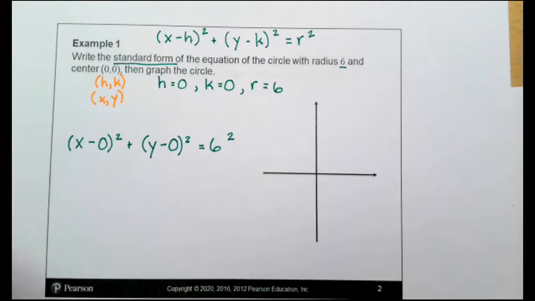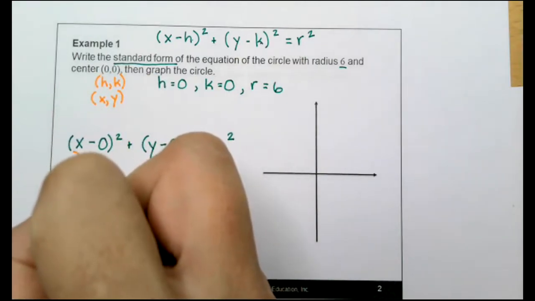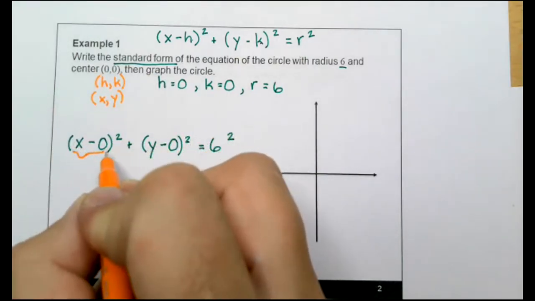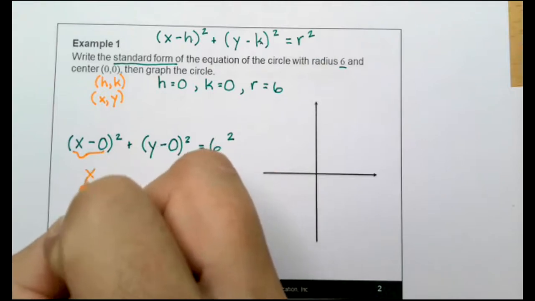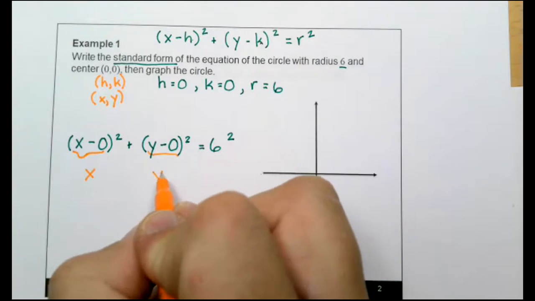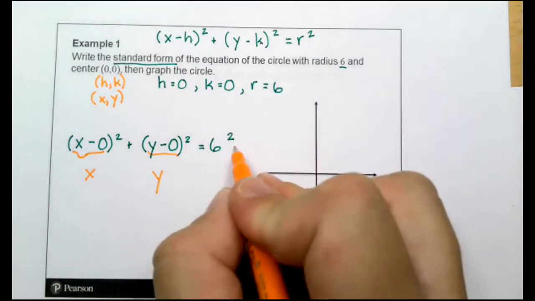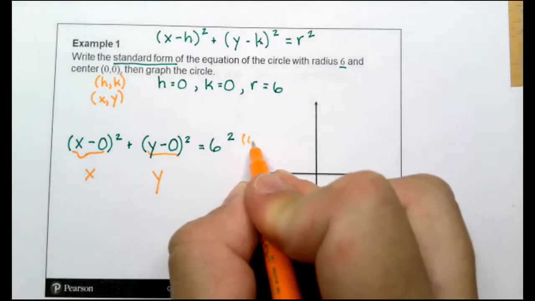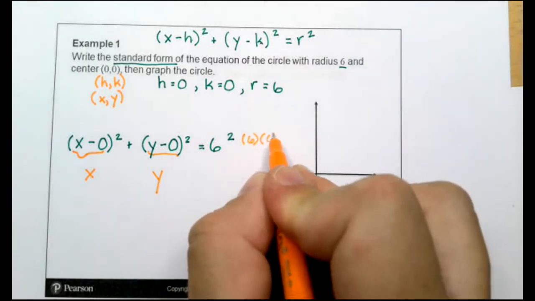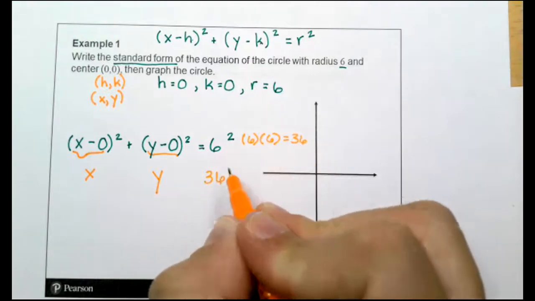No matter what, I know that X minus 0 just becomes X, right? Y minus 0 just becomes Y. And 6 squared, 6 times 6 is 36. So that's 36.